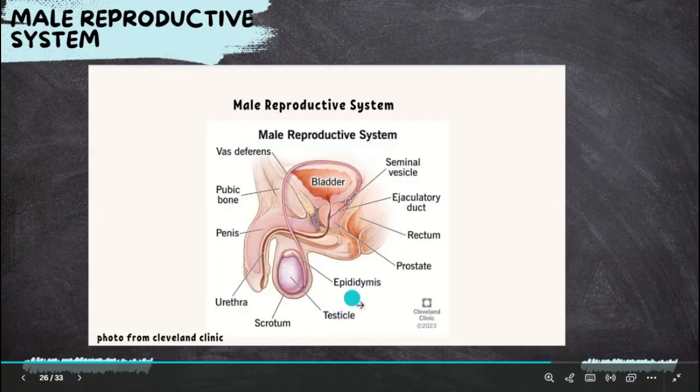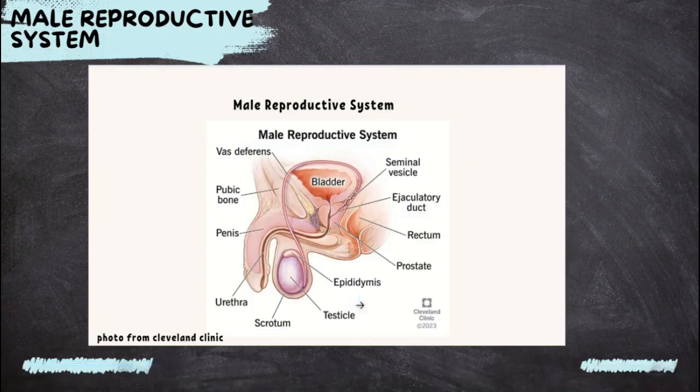Then we have the epididymis, and basically this is where the mature sperm is stored. So the mature sperm would be stored in the epididymis right here, and then the vas deferens is basically the tube where the mature sperm from the epididymis would travel, right?